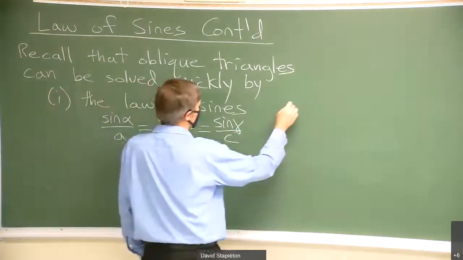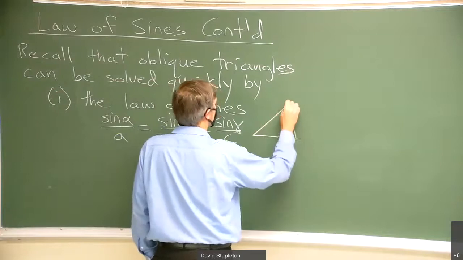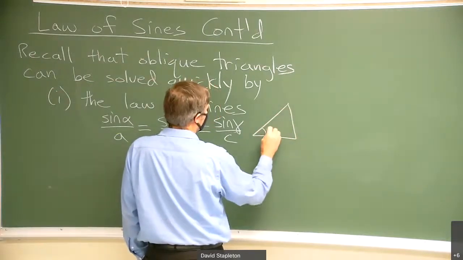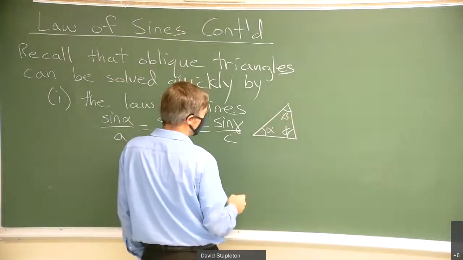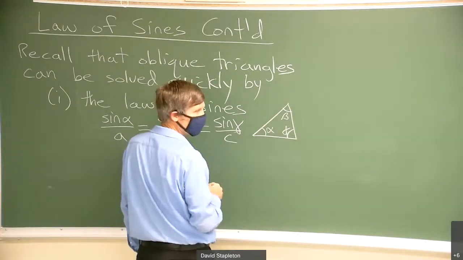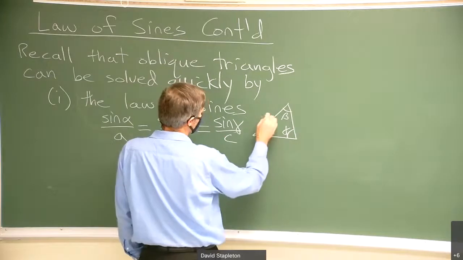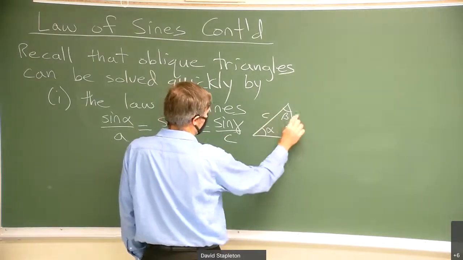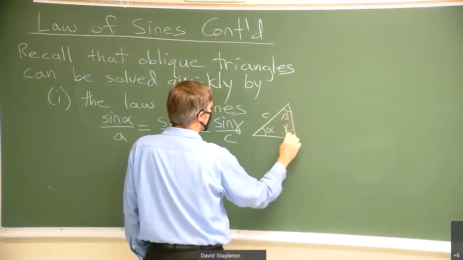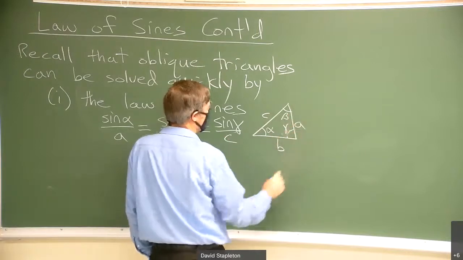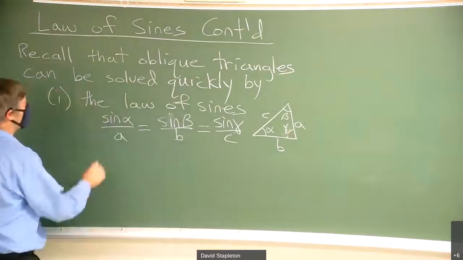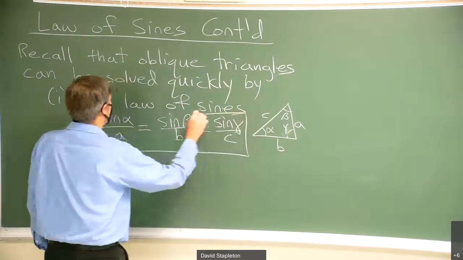In other words, in any triangle like this, alpha, beta, gamma, it doesn't matter which angle is labeled which, as long as you put C opposite gamma, B opposite beta, and A opposite alpha. Any questions on that one? Does that look familiar, hopefully?